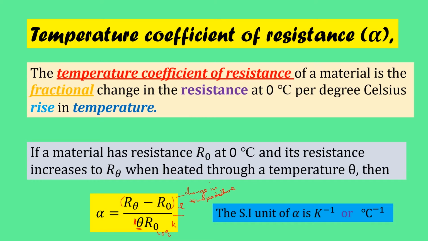So when you divide, what you have is 1 over K, or 1 over degrees Celsius.